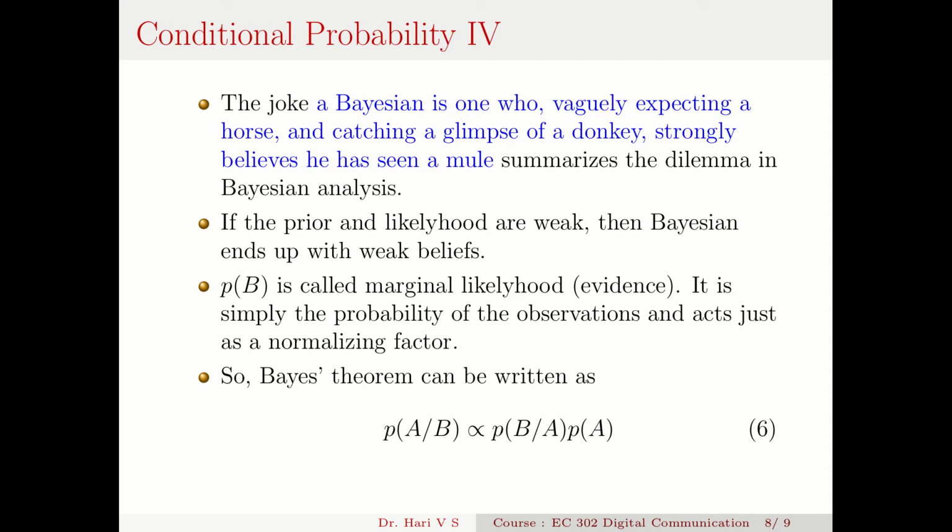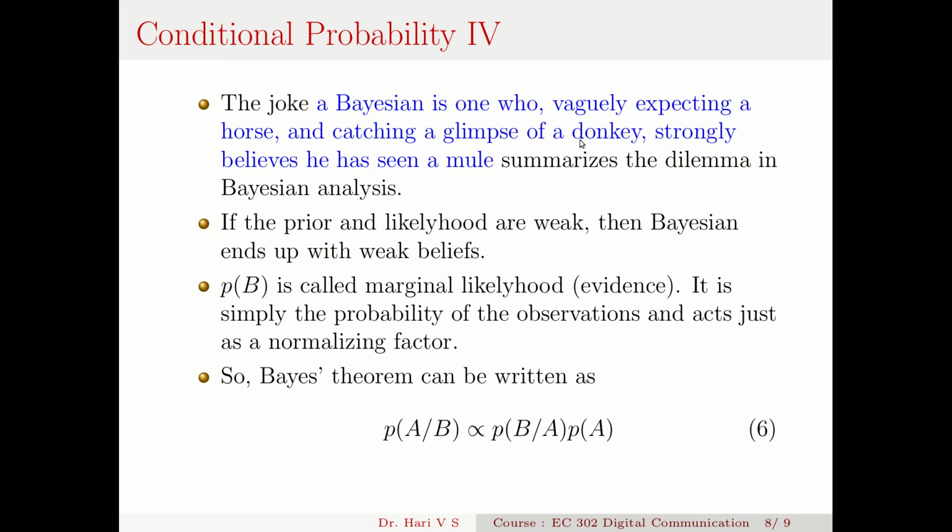That is the noisy received signal, the corrupted copy of the transmitted signal. That is my observation. Then I strongly believe that I have seen a mule, not a horse but a mule. So this summarizes my problem. If my observation and likelihood are strong, then I can strongly say that I have seen a mule.